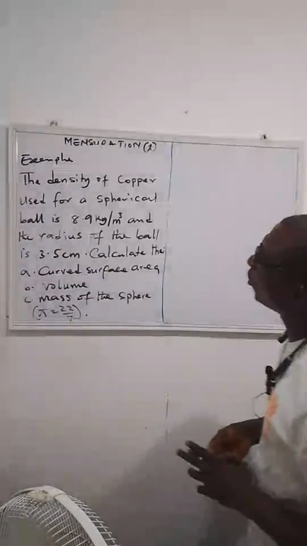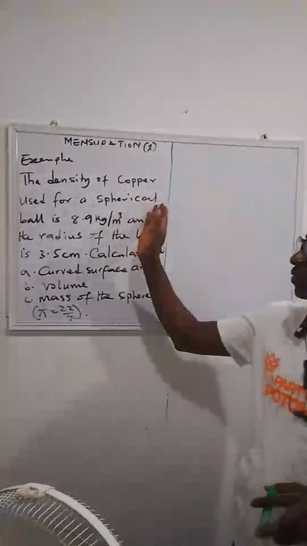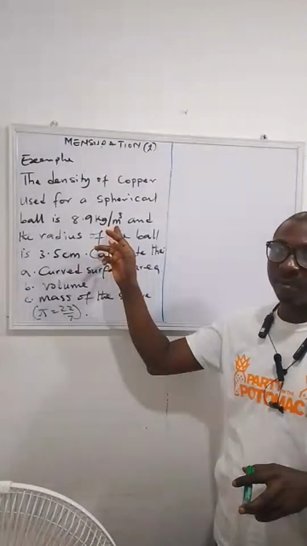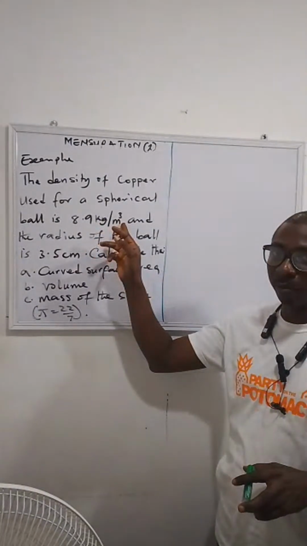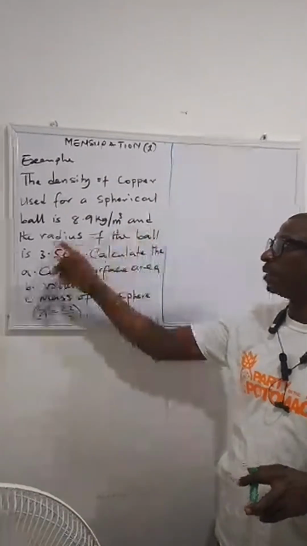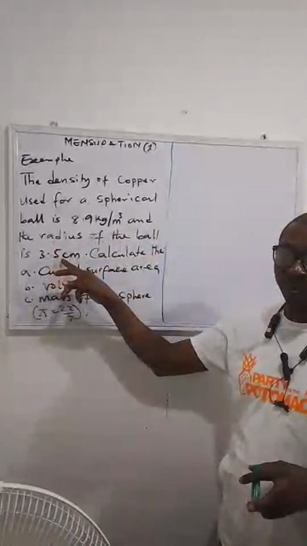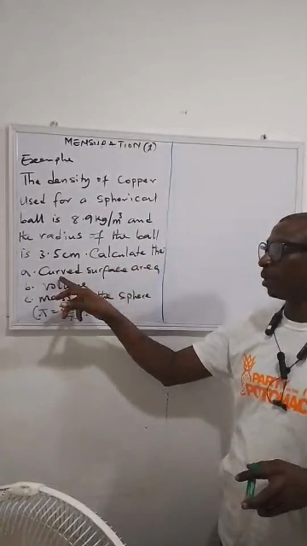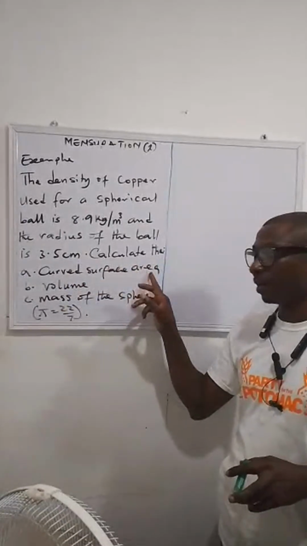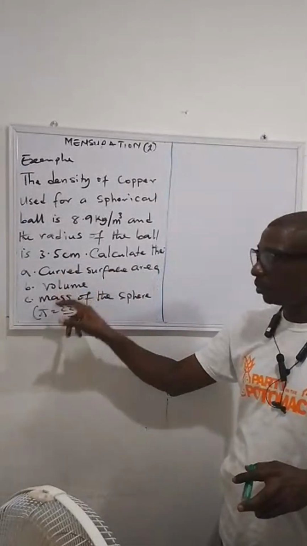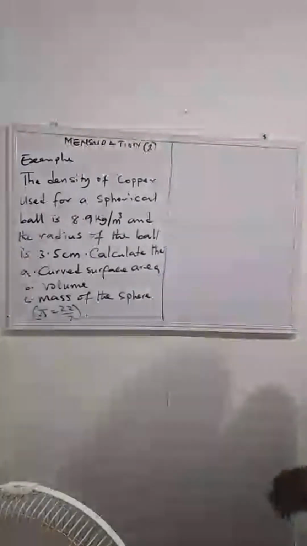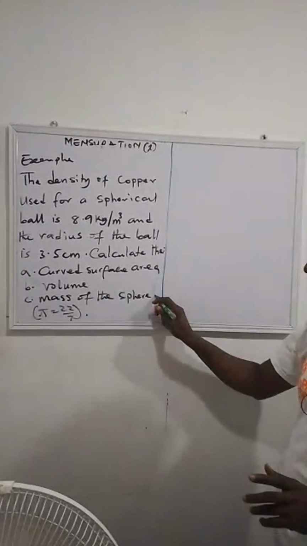The density of a copper used for a spherical ball is 8.9 kilogram per meter cube, and the radius of the ball is 3.5 centimeter. Calculate the curved surface area, the volume, and the mass of the sphere. Can you see the 3 things we are asked to do?